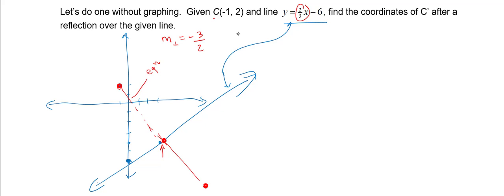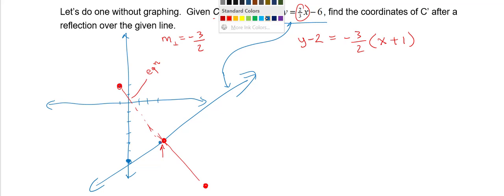So the equation is going to look like this. It's going to be y minus 2 equals -3/2 times the quantity x minus -1, or plus 1. So that's the equation of the red line. I know the equation of the blue line already.